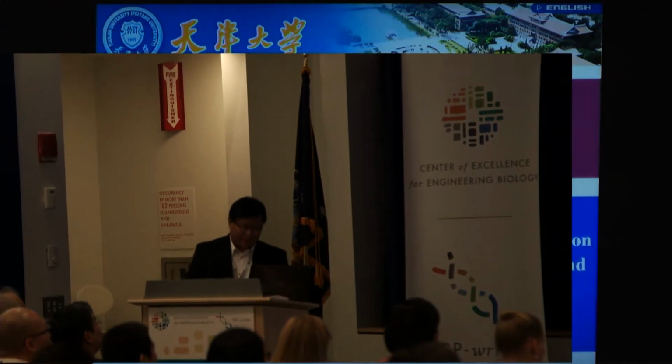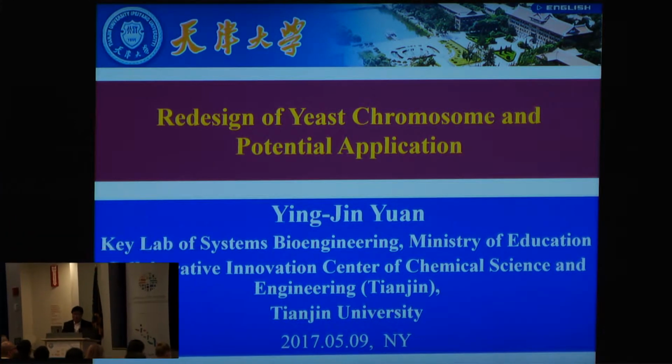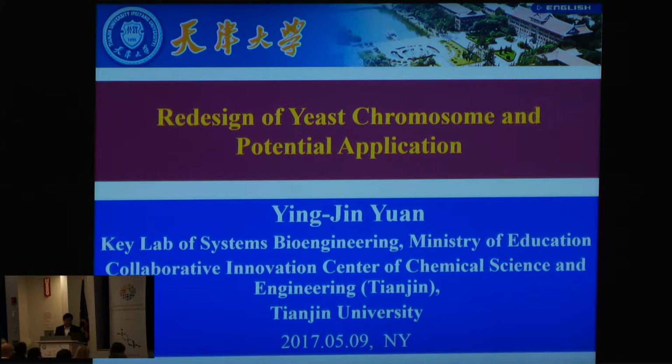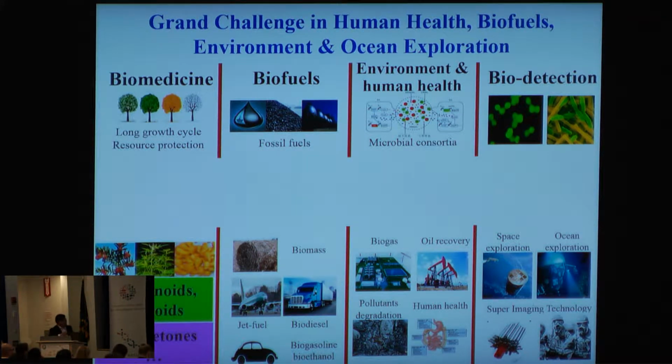I come from Tianjin University. Basically, I'm in the engineering school. Why are we interested in the SC 2.0 project? In most cases, on the application side, we try to produce medicine and biofuel, and try to track problems arising from the environment or from biodetection.